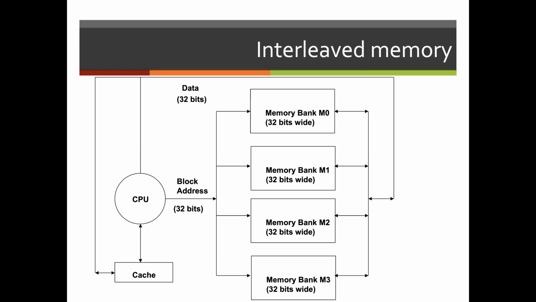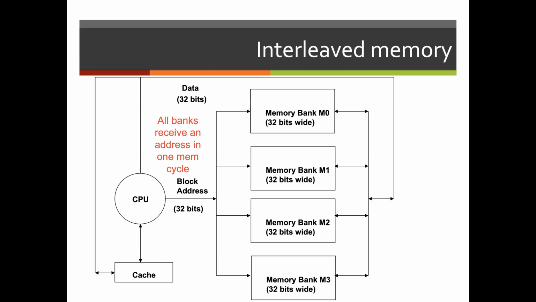And so essentially we'll have various memory banks that are utilized. Within each of the banks, we're going to provide a specific word of the cache block. So if we had a 4-word cache block size, we would have 4 banks, and the banks would be labeled from M0 to M3.